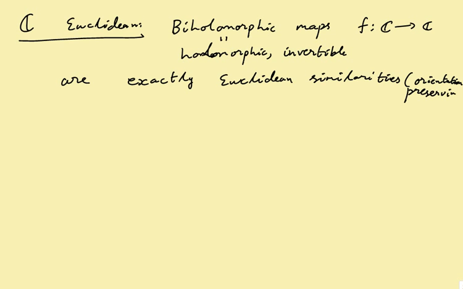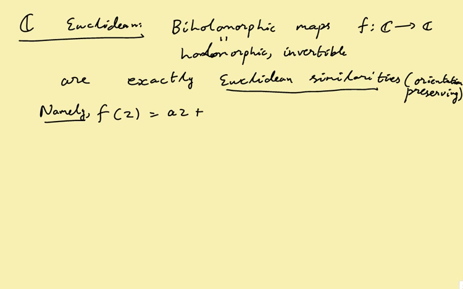Okay, so as we see in high school geometry, Euclidean geometry, there are really two ways of viewing it. You can view things in terms of congruences, which is preserving distances, or similarities, which preserve angles, or a better way of looking at it is preserve angles and scale distances by a fixed amount. Now any biholomorphic map F from C to C must be of the form F of Z is AZ plus B. AZ is a scaling plus rotation because A is now a complex number.